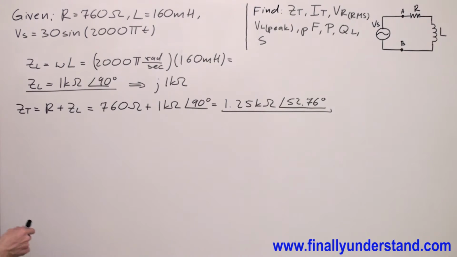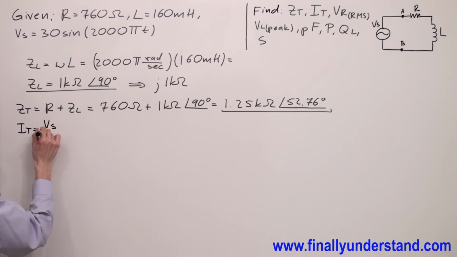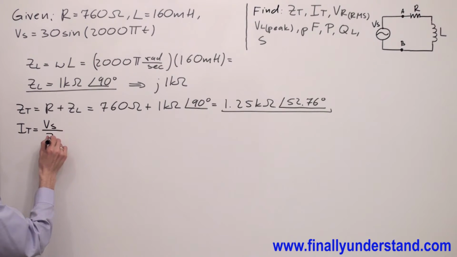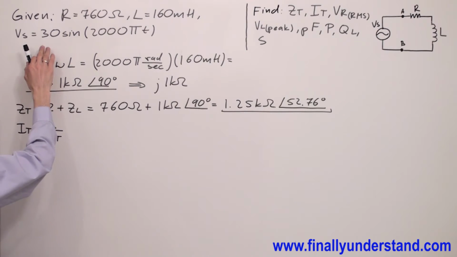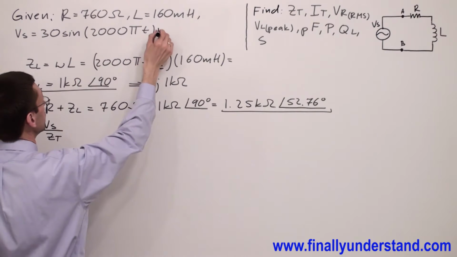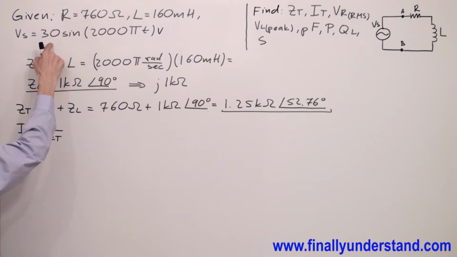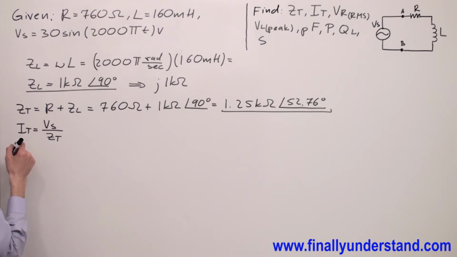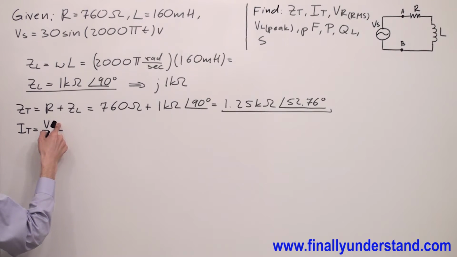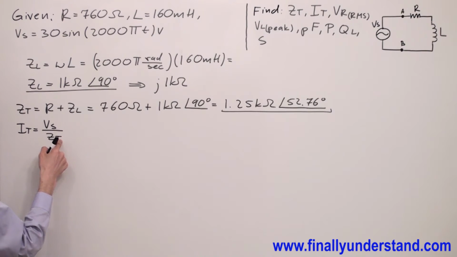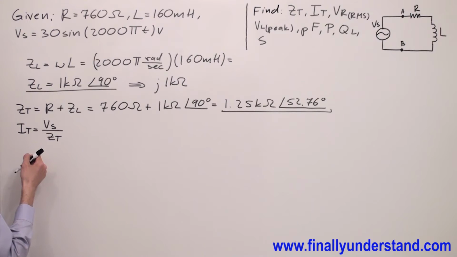Next, I'm supposed to find I total. I total is equal to voltage source over Z total. Please notice that this is the voltage peak. So dividing voltage peak by Z total, I'm going to find current peak.